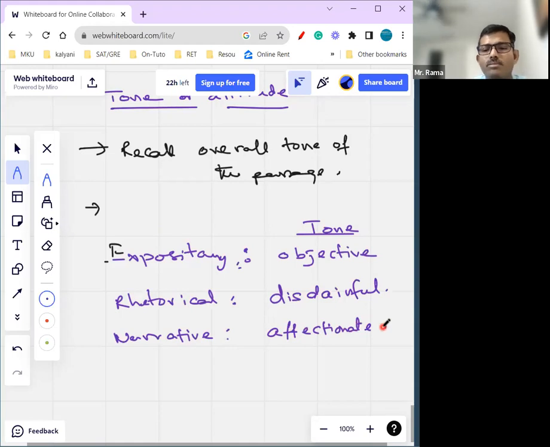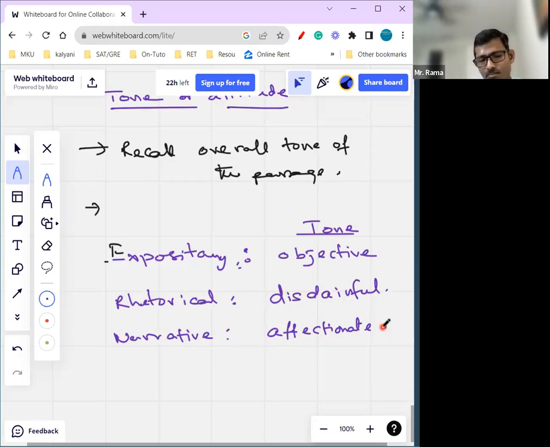So always remember, don't assume that the author's attitude toward the topic has to match your own attitude, okay? Never fall for that. You have your own ideas about the passage when you read it. That doesn't need to be matched with the author's attitude. Remember that, okay?